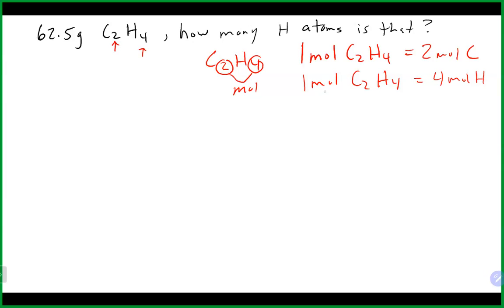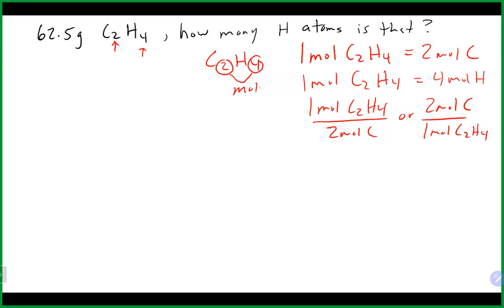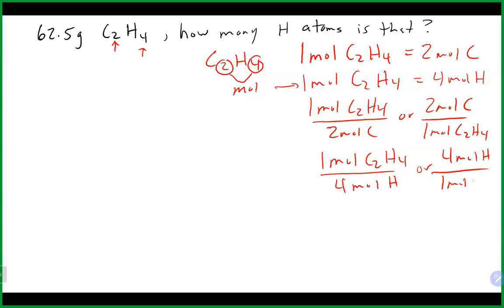So we could write, for example, 1 mole of C2H4 is 2 moles of carbon, and 2 moles of carbon is 1 mole of the entire thing. For the other one here, we could write 1 mole of the entire thing gets me 4 moles of hydrogen, and 4 moles of hydrogen gets me 1 mole of the entire thing.